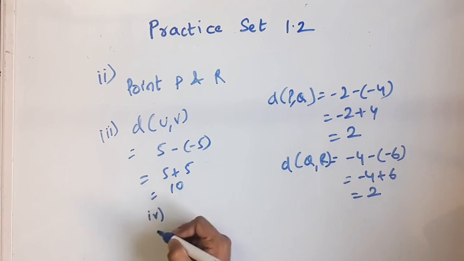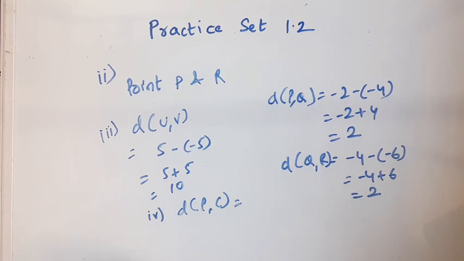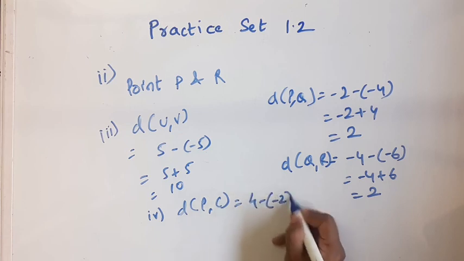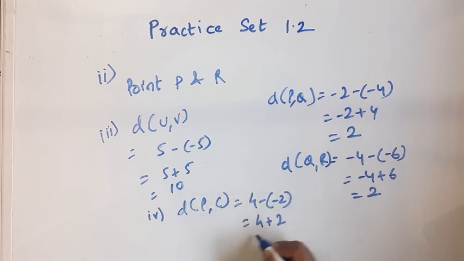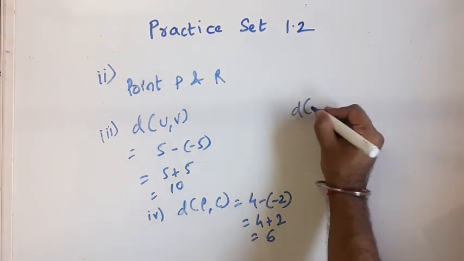Fourth one is distance PC. Now distance PC, you can see it is 4 minus minus 2. So that is 4 plus 2, equal to 6. Then the next one is distance VB.